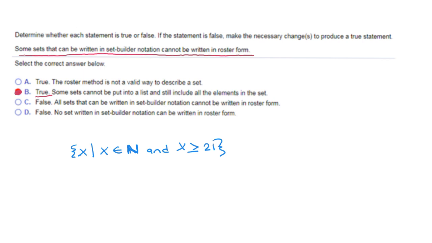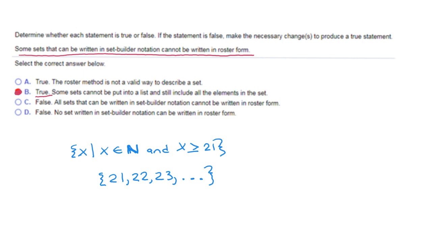So there's my set builder notation, and let's see if we can put this in roster form. All right, so in roster form, I would say my set starts with the number 1 because it's a natural number, but I want numbers greater than or equal to 21. So we would start with 21 because it has to satisfy both conditions. These are natural numbers and they are greater than or equal to 21.